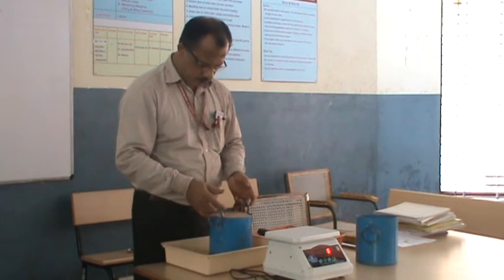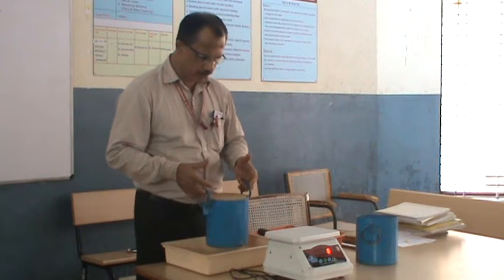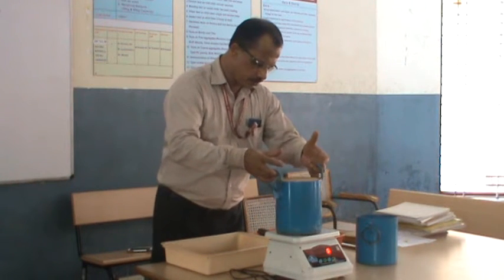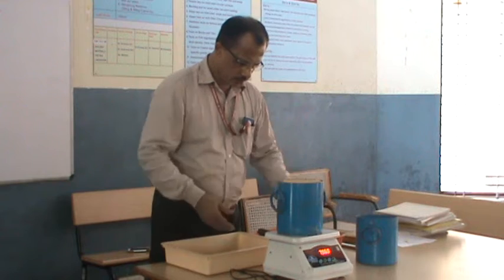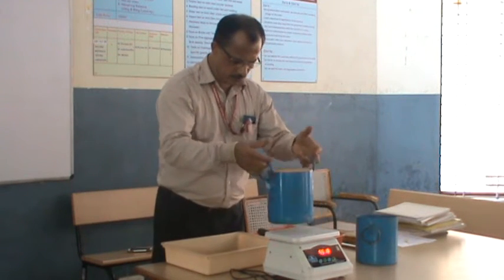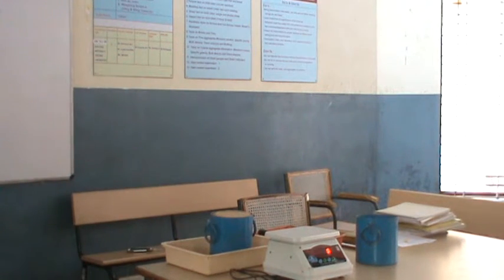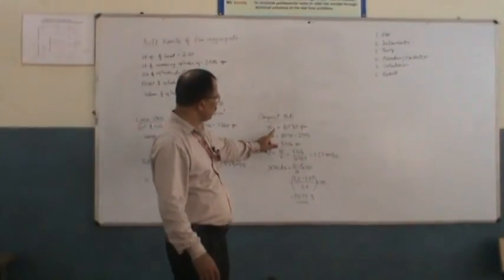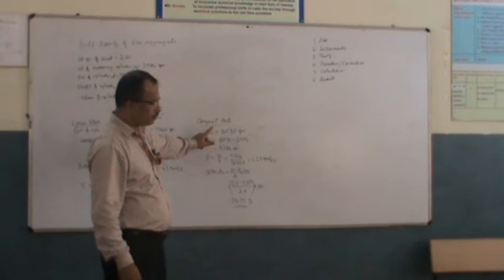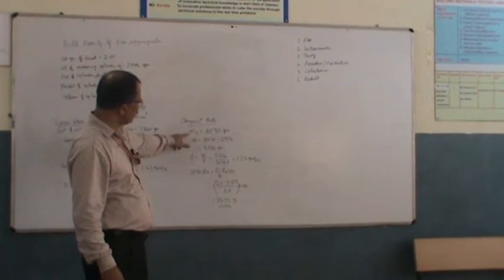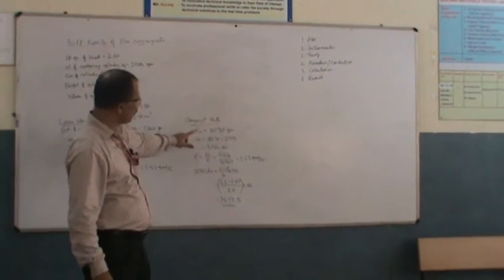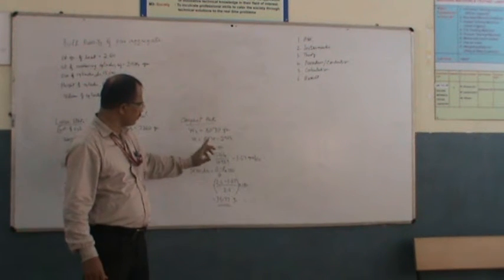The sand in compacted state inside the cylinder is weighed using a weighing balance, and the second weight is recorded. In the sample calculations, let W2 be the weight of the compact sand plus cylinder, 8070 grams.